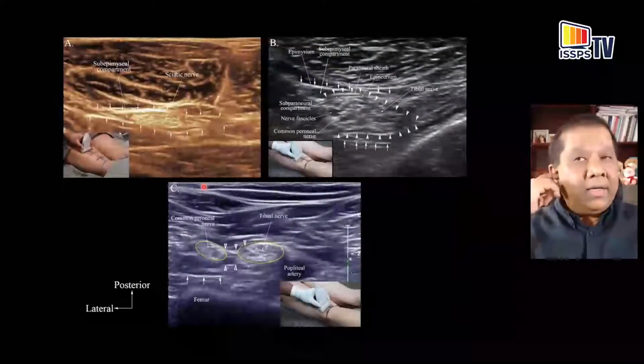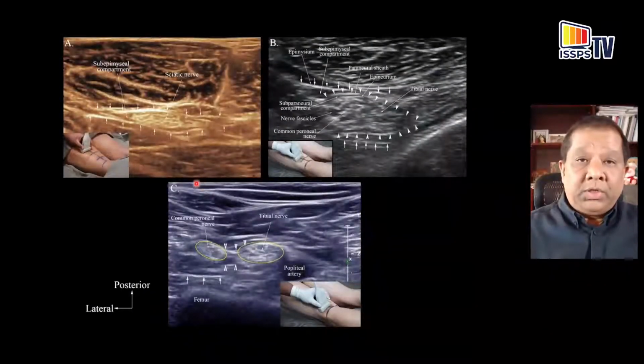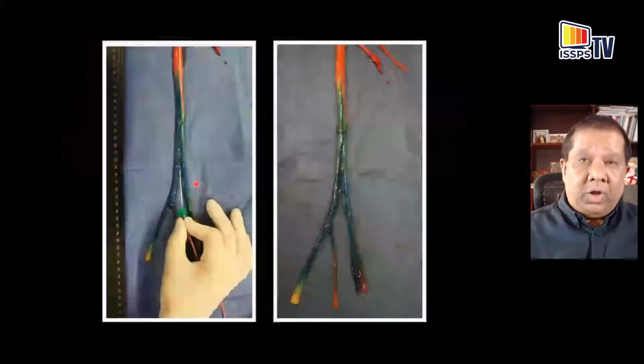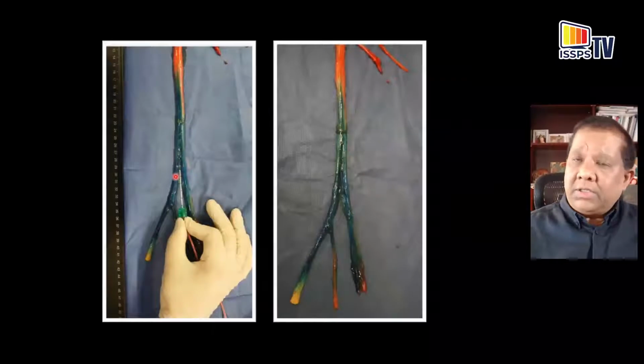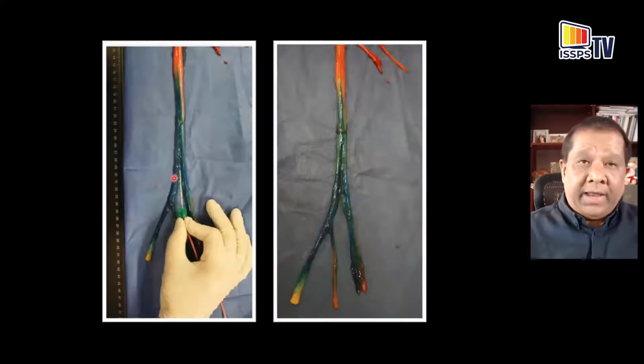You can then get spread not only to the two nerves distal to its divergence, but also along the proximal part. Now, this is a cadaveric dissection that I again performed with Professor Sala Blanche in Barcelona. You can see we place the needle. This is just to illustrate to you. This was done with ultrasound guidance in an intact leg in a cadaver.